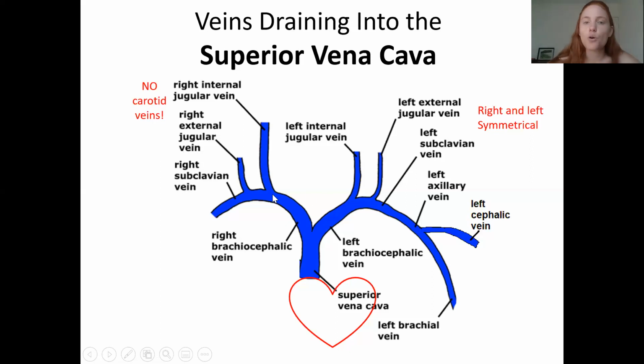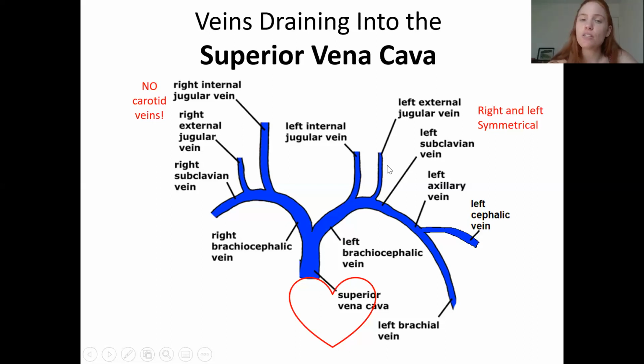So these are the blood vessels that drain blood coming from the arm and coming from the head, I should say. The direction of the blood flow is hard for me to remember. The blood vessels that drain from the head are called jugular veins, and there are two of them: the internal jugular vein and the external jugular vein.